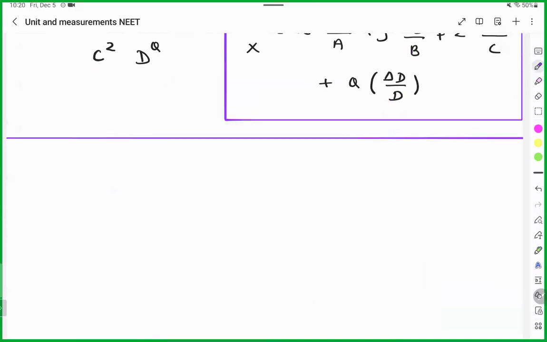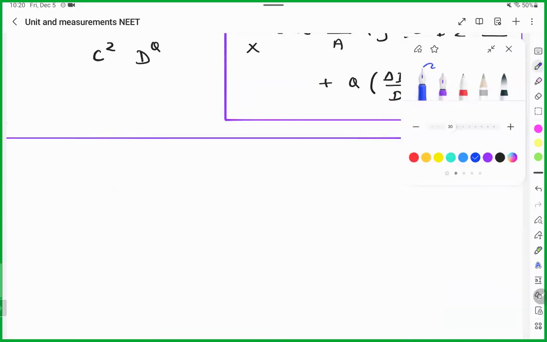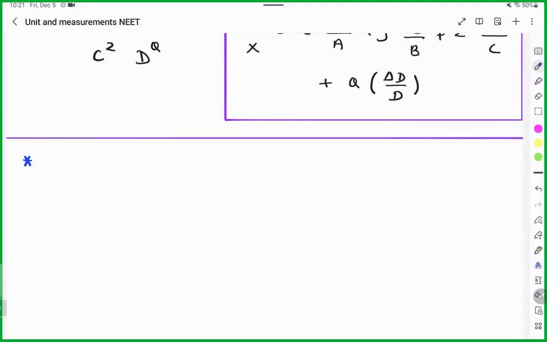Sir, for the R square part, do we take R square together as a whole, or do we take R square separately for each? We take it together. Okay, together we take the value. You will be confused about what we are doing. First, I'll tell what we are supposed to do in this case.